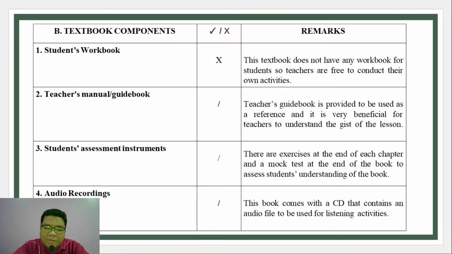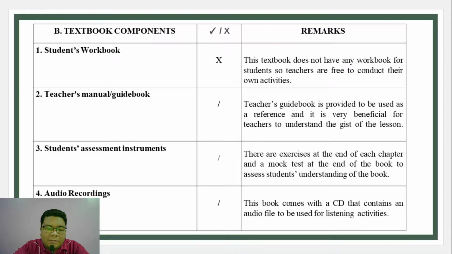If they want to teach a lesson from the student's textbook, then they will refer to the guidebook, because there is a plethora of choices and methods, materials and teaching guidelines provided, that are very beneficial and usually used together with the student's textbook.